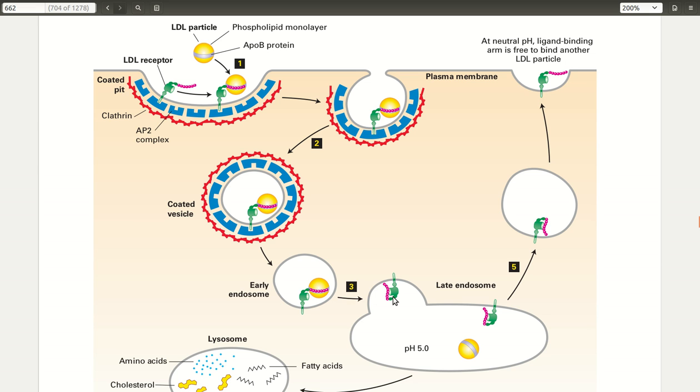Once it makes its way into the late endosome, the pH of the late endosome is lower than it was at the plasma membrane, and this favors the dissociation of the LDL particle from its receptor, and the receptor is transported back to the plasma membrane.